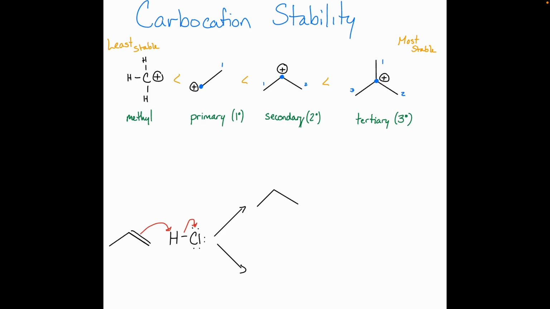I could have that new bond be formed between hydrogen and carbon right here, and thus have this carbocation. Or I can have my new hydrogen-carbon bond over here and have this carbocation.